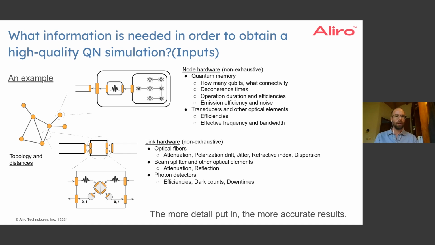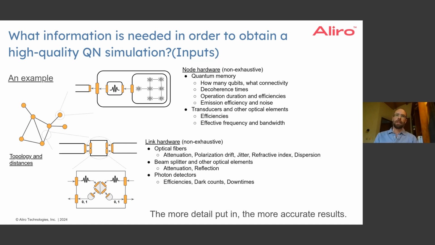And within the mid station itself, what are the efficiencies and other parameters of your beam splitters and detectors and any other optical elements that you have in there? So in general, the more detail you put into these, the more accurate results you'll get.